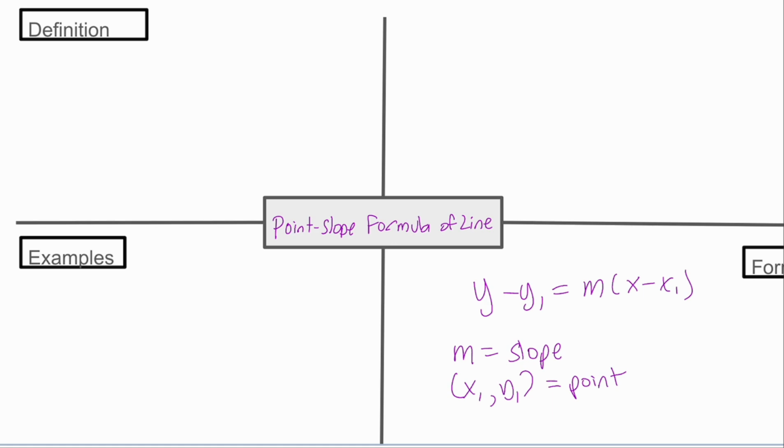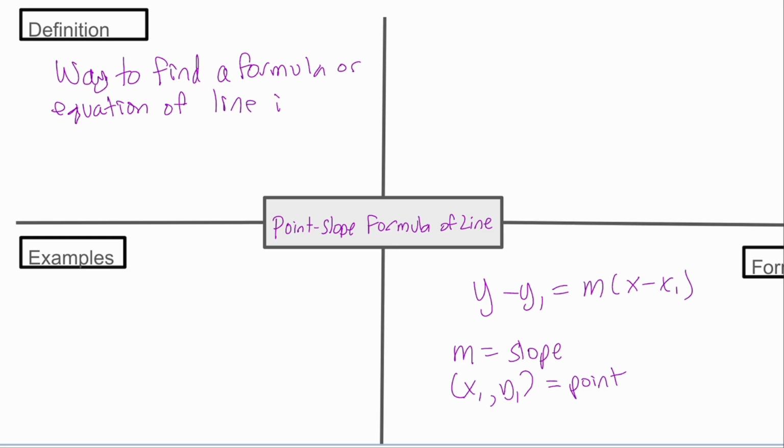So that's the formula I'm talking about. It is the way to find a formula or equation of a line if we know a point and the slope, or the constant rate of change.